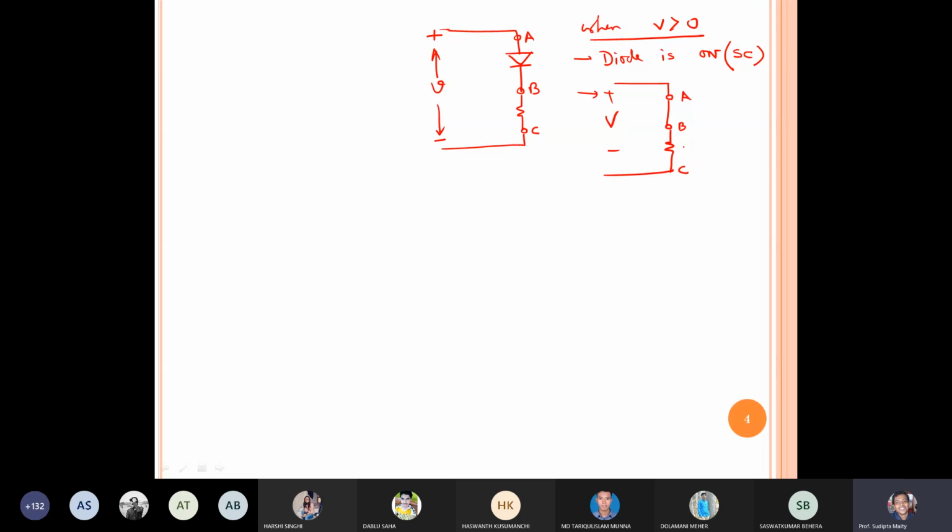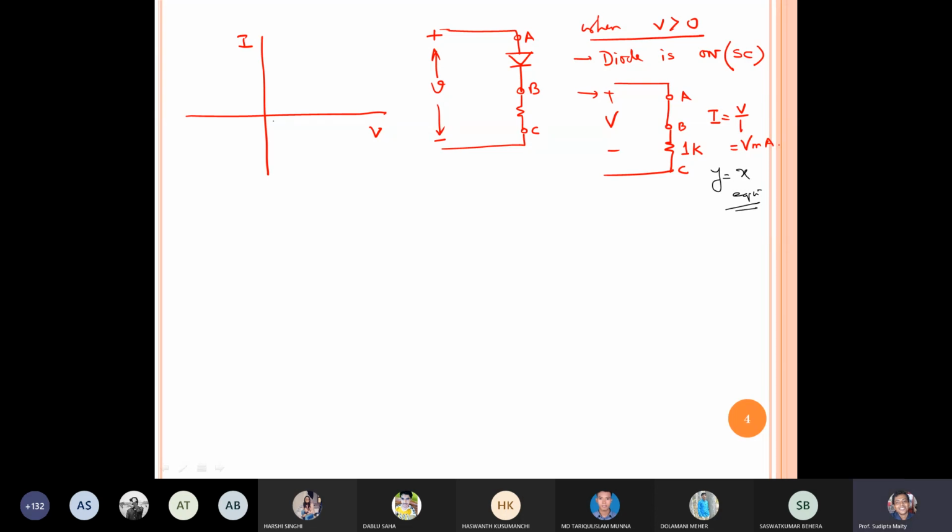In this case, if I place a 1K resistance, then the current I will be V by 1, which is almost V. That means here it will become milliampere. Whatever the value of I, I will get the same value of Y. So if I use the voltage and current relation, I can easily say it is nothing but the Y equal to X equation.